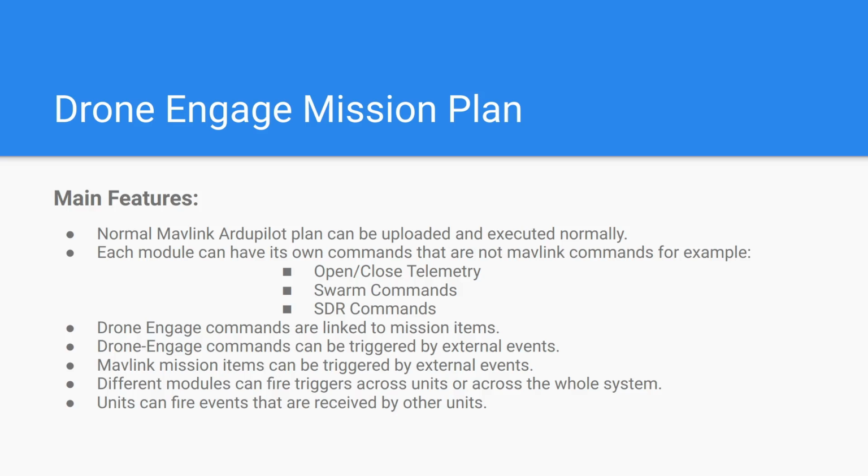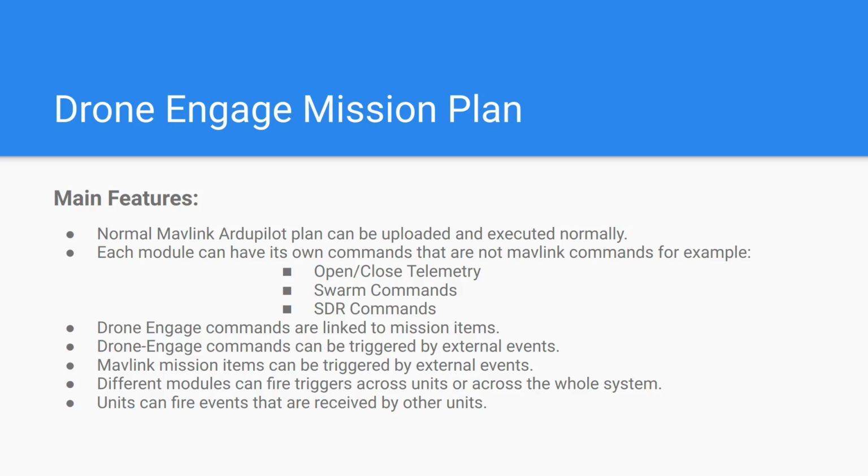Whenever I finish a function, I can trigger an event so that other modules in the system are aware of this event, other modules of the unit, of the drone itself, or of the Drone Engage unit, which is not necessarily a drone. I mean, it can be any type of robot or unit. And this event can even be sent externally to other drones or other units in the system.